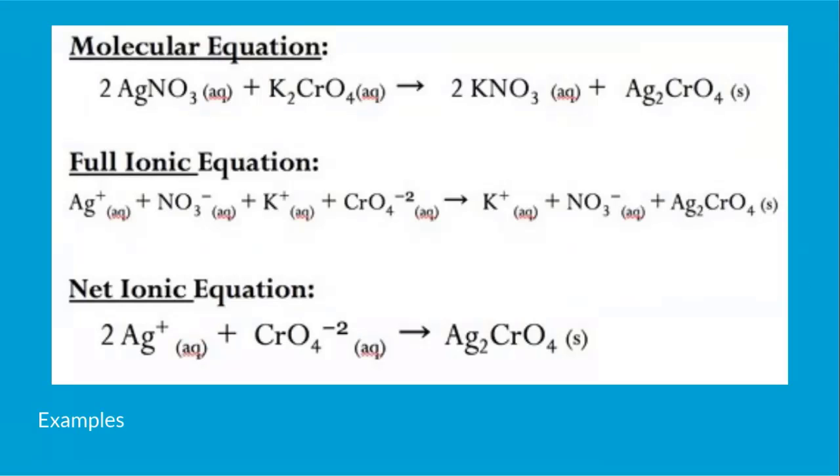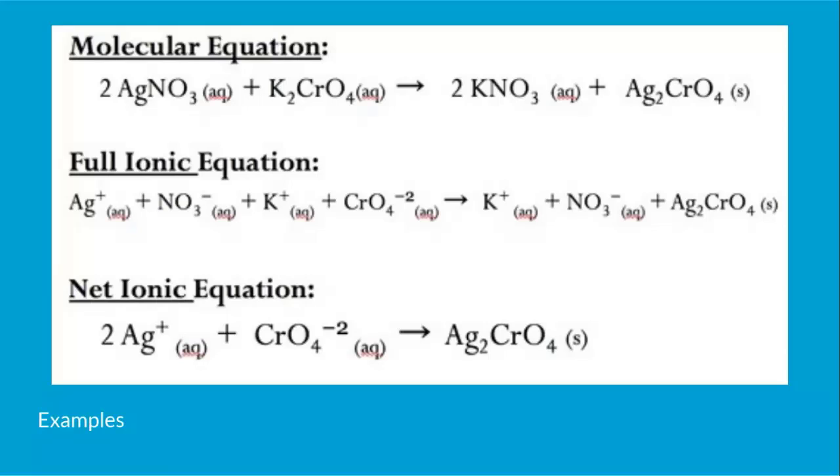Here are some examples. Like I was saying, the molecular equation at the top is just your normal standard equation, but when you're breaking it apart into the full ionic equation, also called just the ionic equation, you write out all of your ions as they would be in solution, and then you cross out any that appear on both the reactant and the product side the same way.